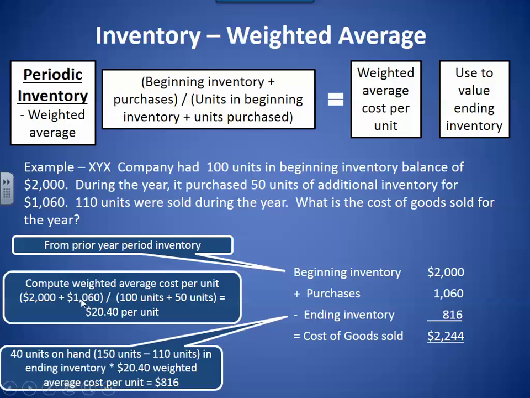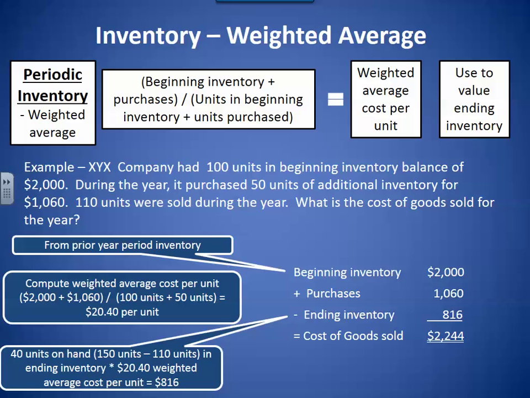And we're going to take that quantity, then divide it by the beginning number of inventory units, which in this case was 100, plus the 50 additional units that we acquired during the accounting period. So it's going to be $3,060 divided by 150 units. That means we have a weighted average of $20.40 per unit when we value our inventory.